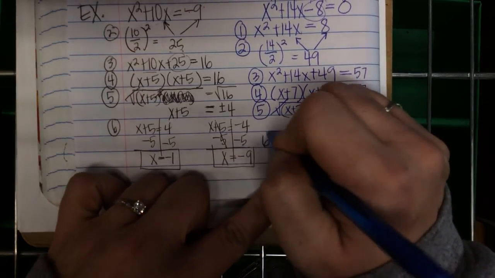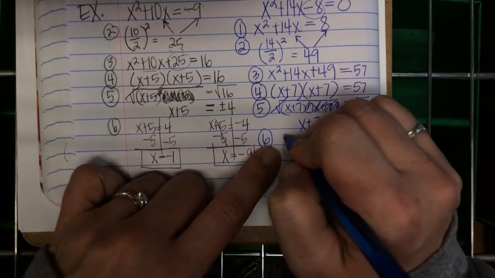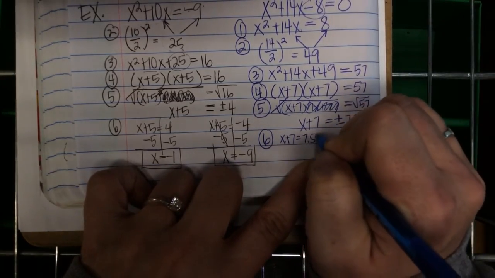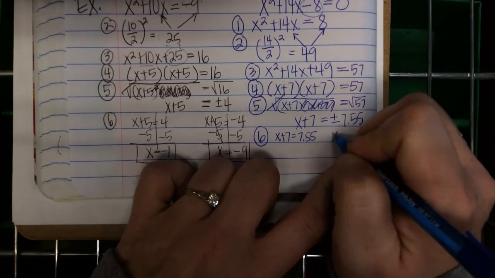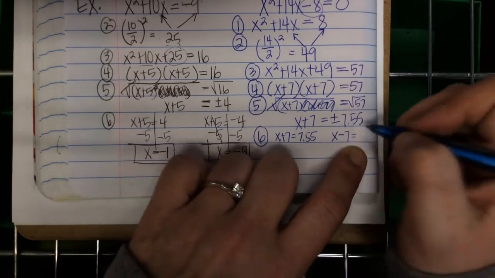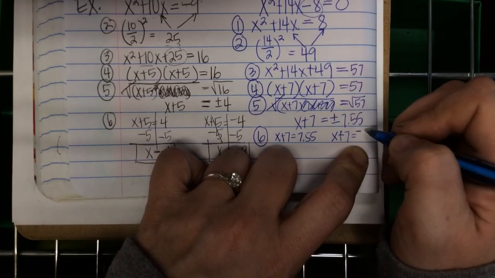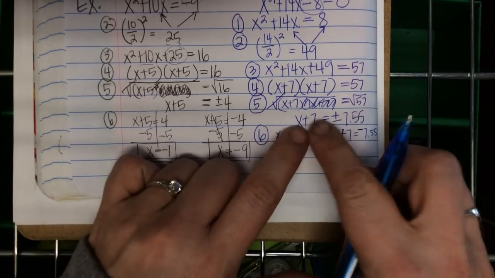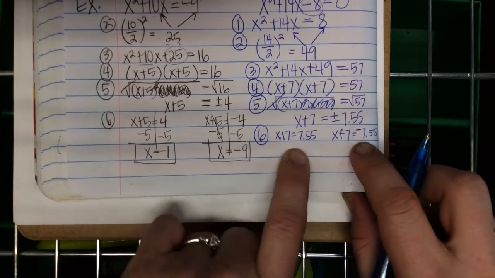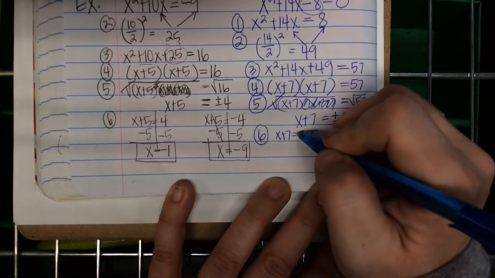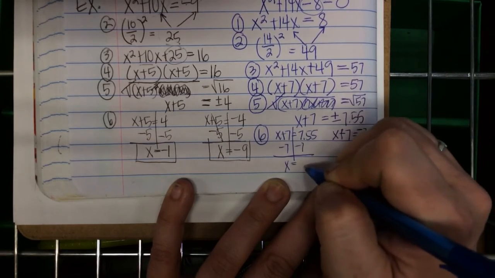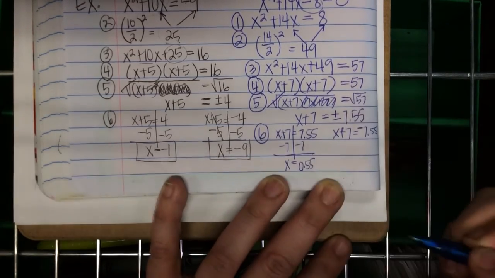And last but not least, step number 6 is to write it 2 times. x + 7 equals 7.55, and x + 7 equals negative 7.55. Right? Same problem, but it has 2 different answers. Minus 7, x equals 0.55.